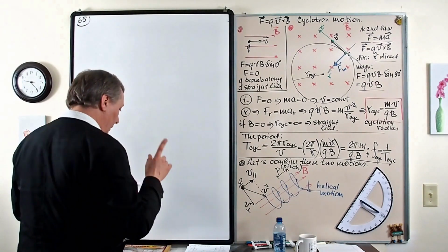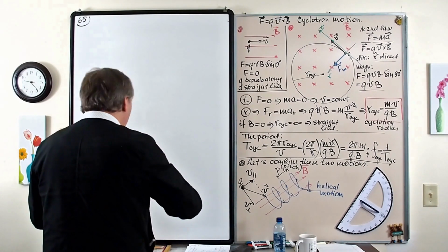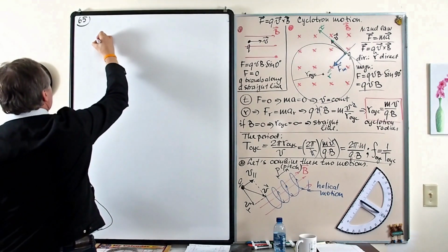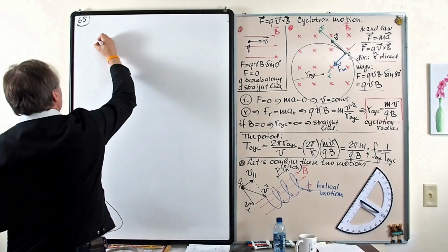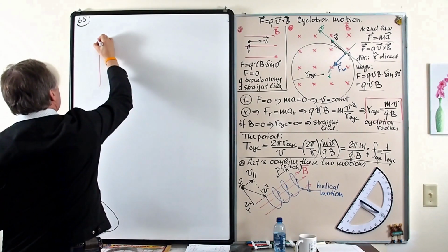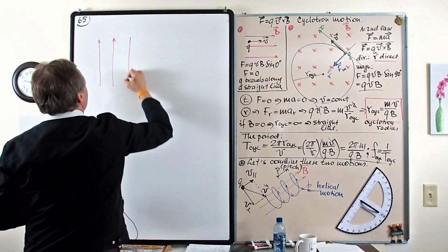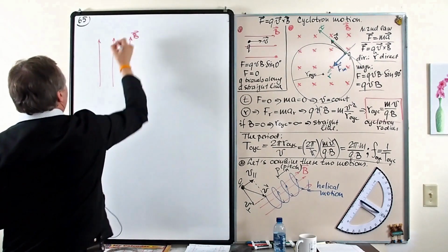Okay, let me start with a picture. So let's assume that we have our magnetic field. Okay, not assume, it's given. Magnetic field lines are vertical. Let me estimate space. All right, so let's assume that these are our magnetic field lines, B, right?